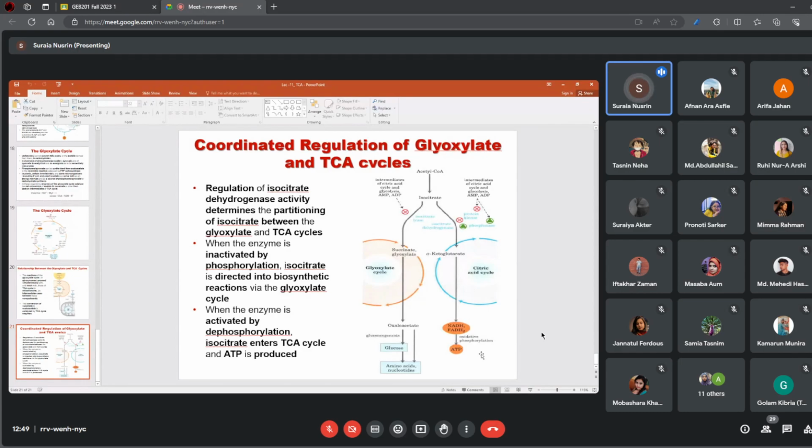Okay, now how is that happening? This enzyme, isocitrate dehydrogenase, is regulated by phosphorylation and dephosphorylation. When it is phosphorylated, this enzyme is inactivated.